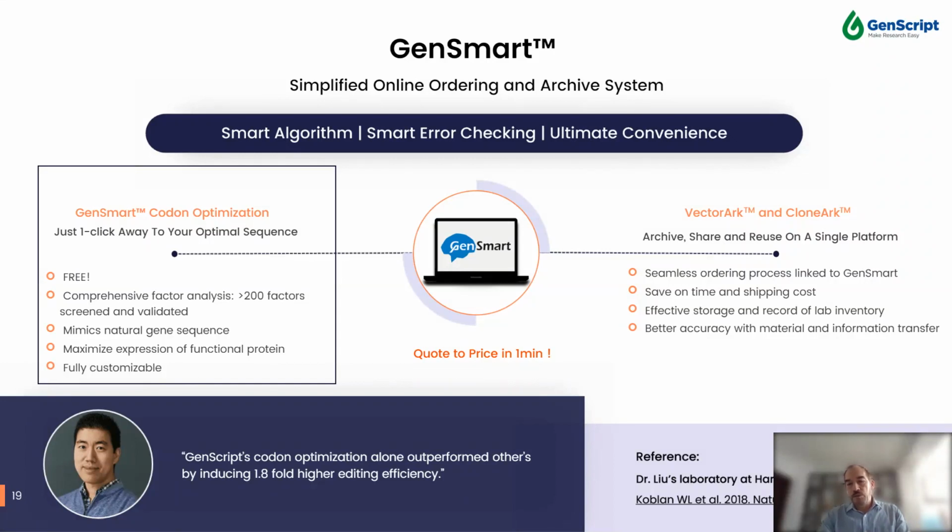Again, you can also use it with our vector ARC and clone ARC systems to store your vectors and clones if needed. And we have many very happy customers. Here is one recommendation, one reference from Dr. Lu at Harvard University, who used our gene codon optimization system and found very good results with it.